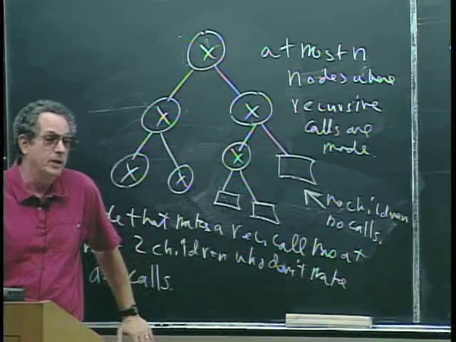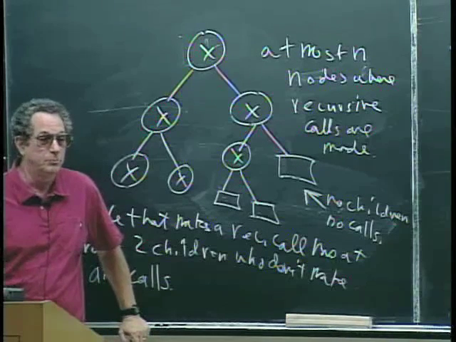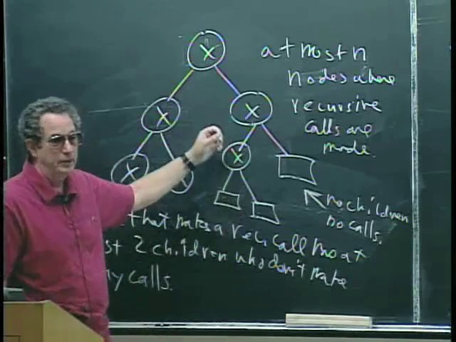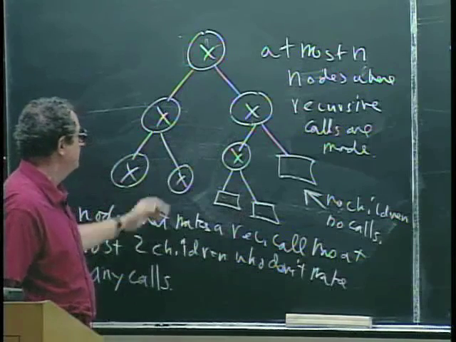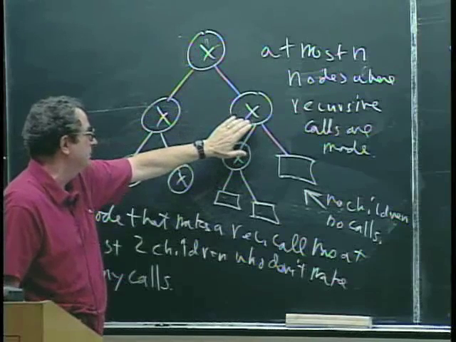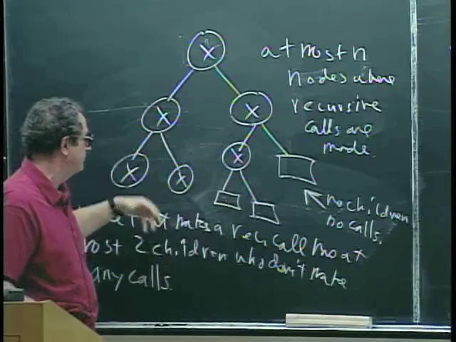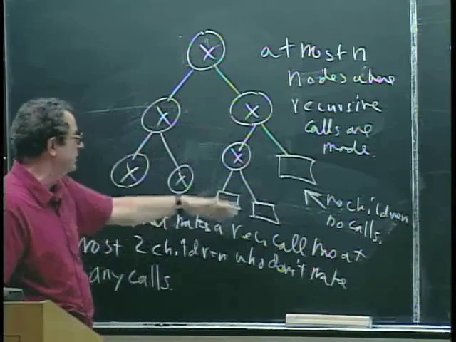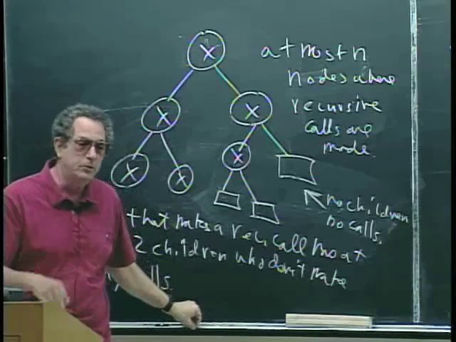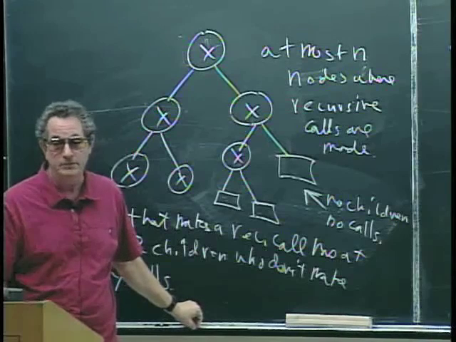So that total is 3n. Now, it may feel like that's a little bit too big, and you're probably right, that if you looked a little more carefully, then because in order for the tree to actually get going somewhere, a node that makes a recursive call has to have a child that makes a recursive call. And so when you factor that in, my guess is that you could actually prove a bound of 2n. But whether it's 2n or 3n, it's still theta of n.